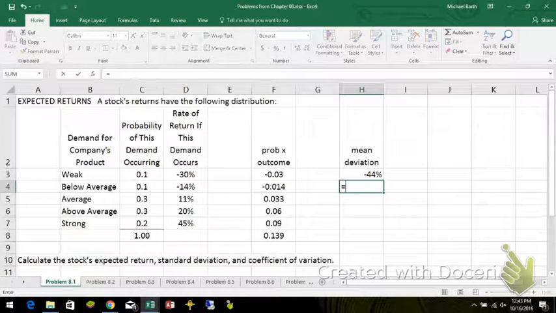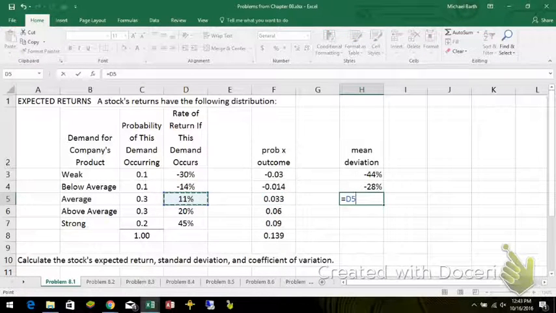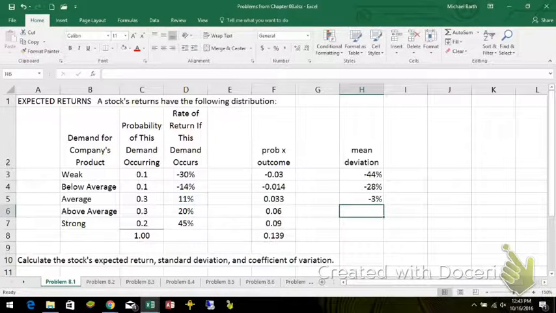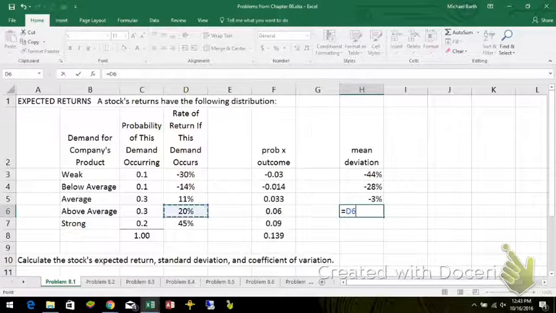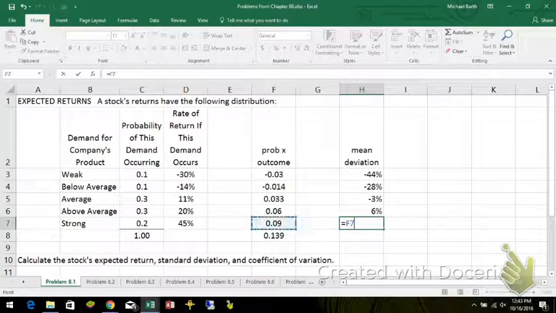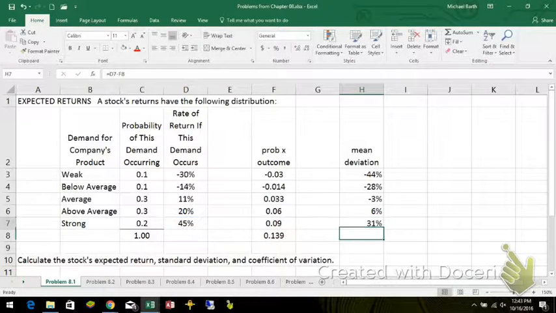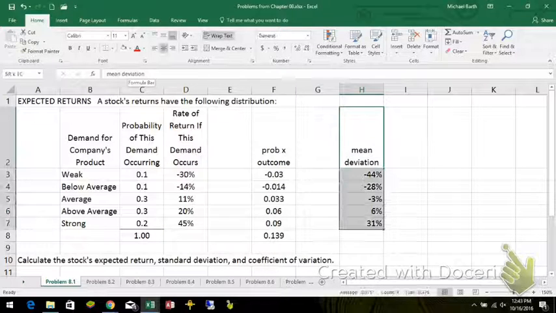All right, so for each of these, I'm going to subtract the weighted average from each of them. And now I have the set of differences from the average. Okay, so mean deviation, different from the average.